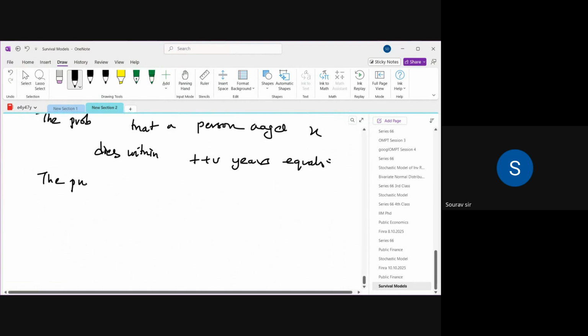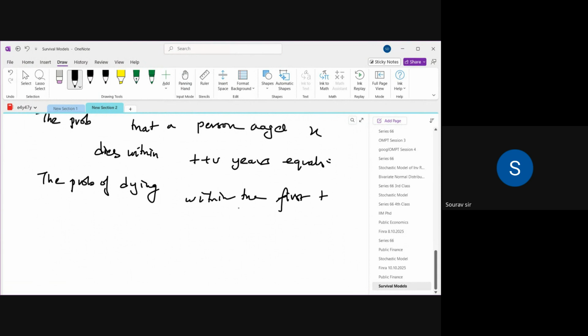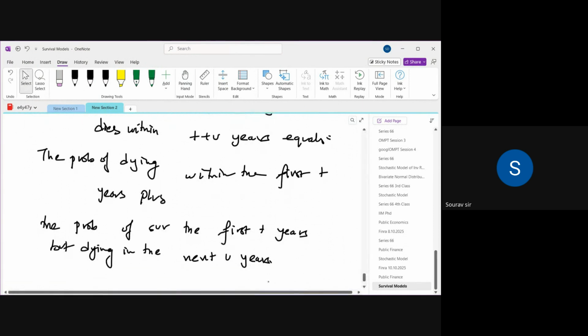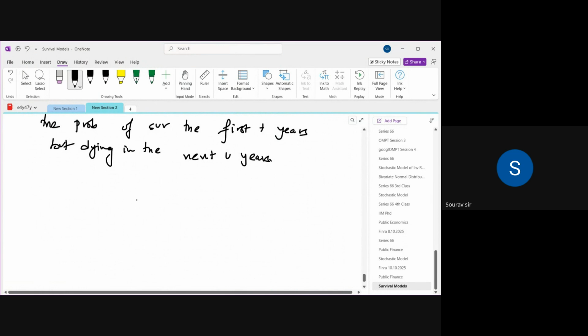The probability of dying within the first t years, plus the probability of surviving the first t years but dying in the next u years. So this captures all possible ways death could occur within t plus u years.